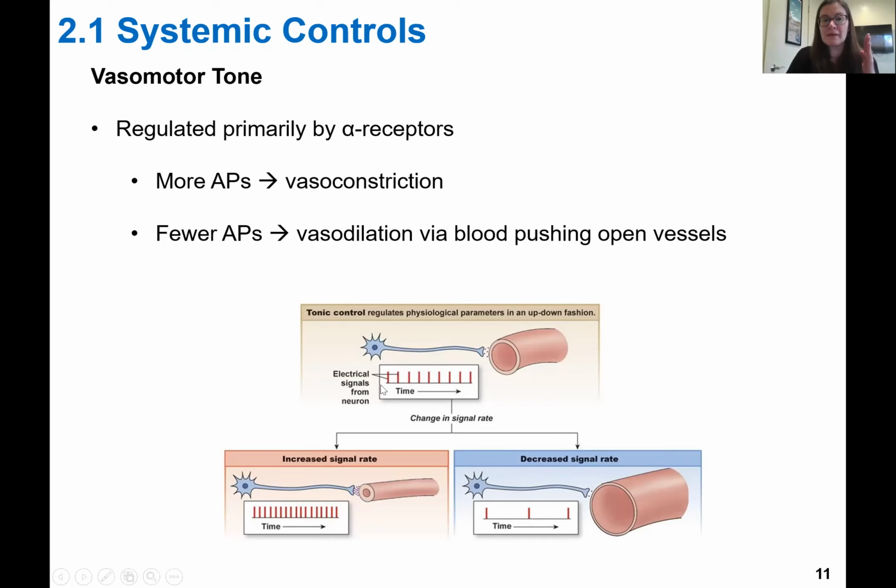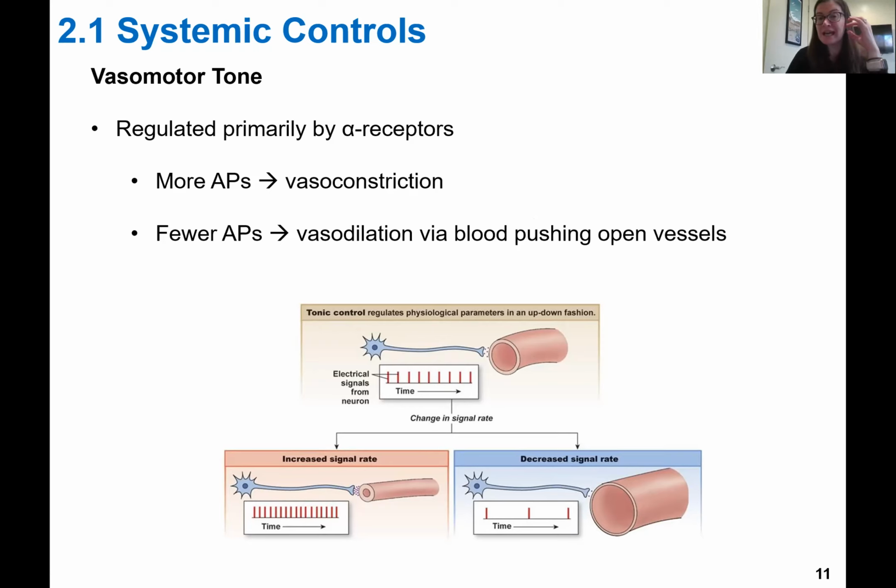So you can see the tonic control generally is going to give you action potentials down those sympathetic motor neurons, and you're going to get an overall tone, right? You're going to get an overall medium level of vasoconstriction, which is going to help with blood pressure.